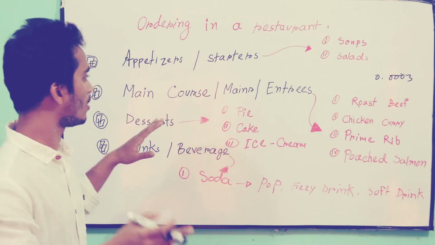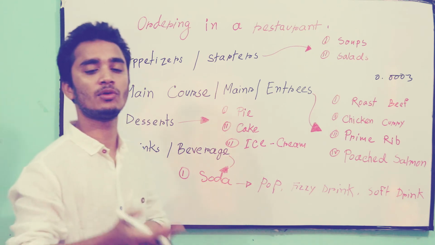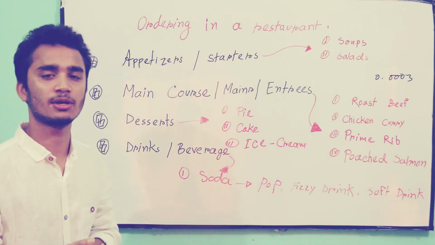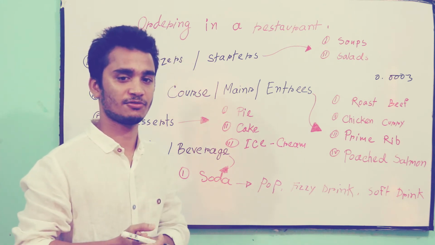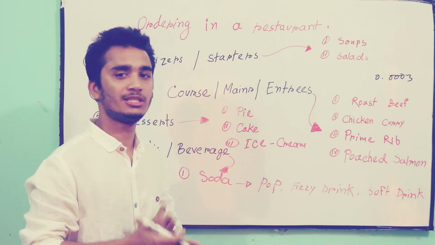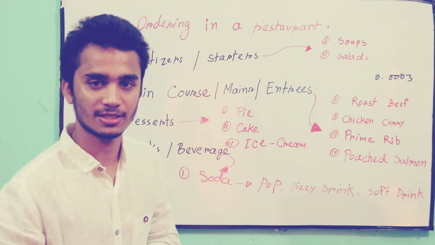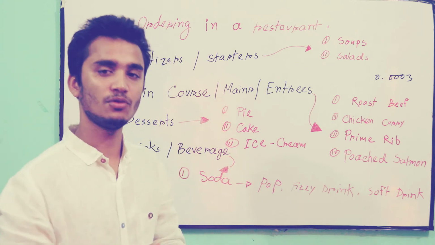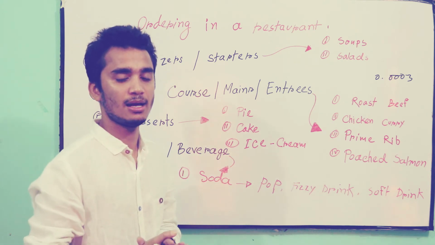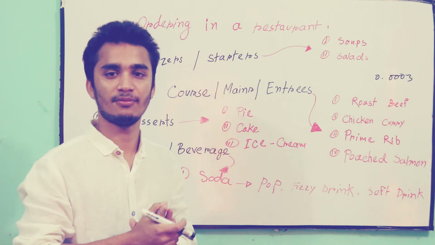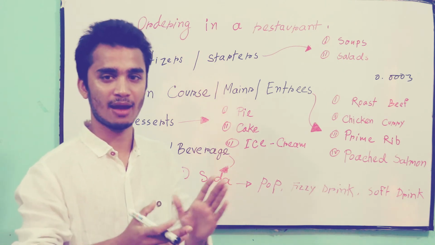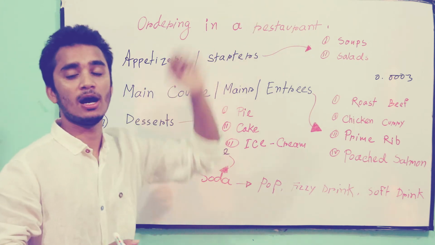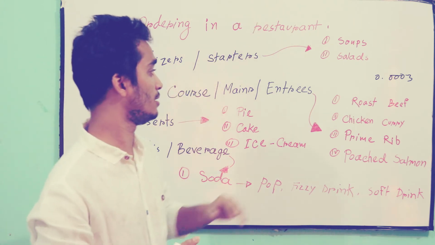Then you can call the waiter and ask about the appetizers, or a member of staff in the restaurant, which types of appetizers are on your menu. Even if you don't have the menu in front of you, you can call a staff member in the restaurant and ask which types of appetizers or starters are on the menu.